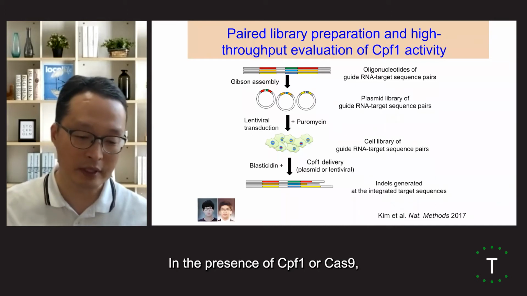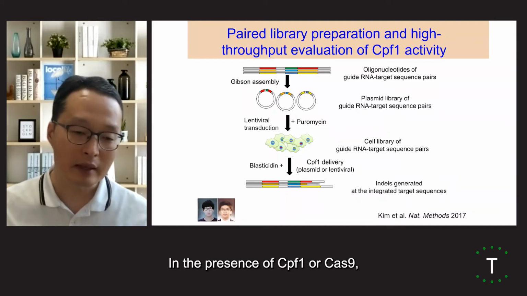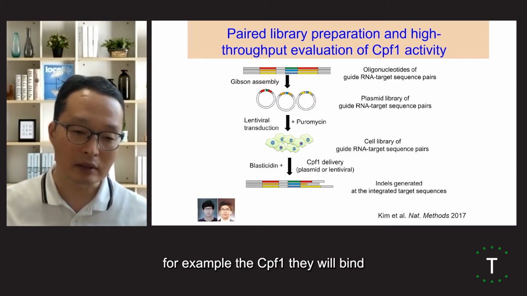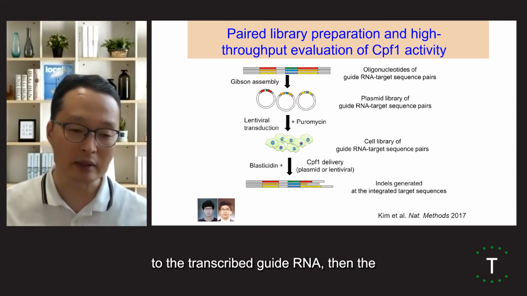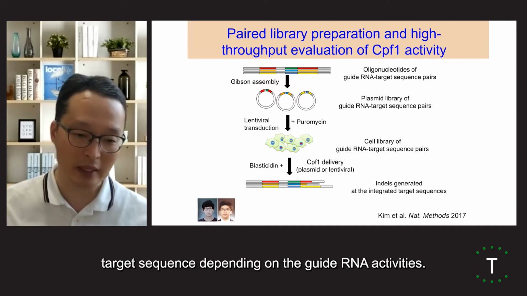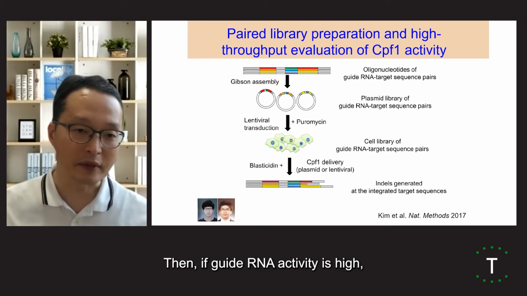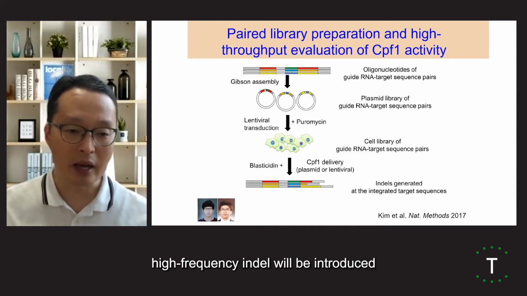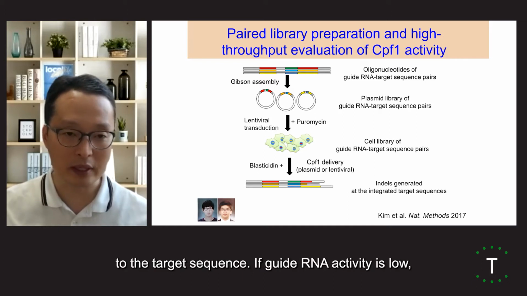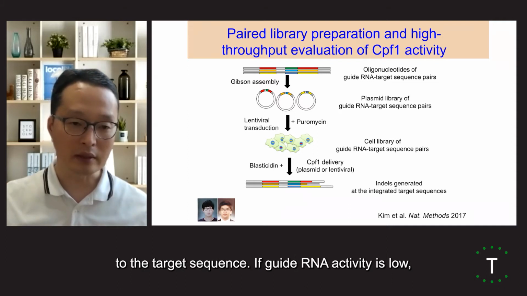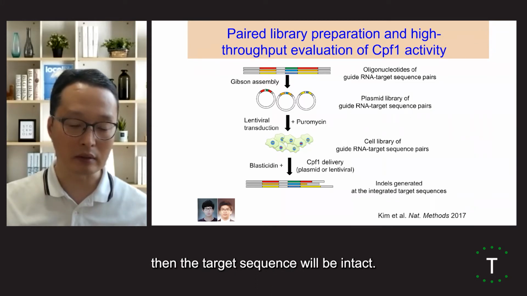In the presence of Cpf1 or Cas9, for example Cpf1, they will bind to the transcribed guide RNA, then cleave the target sequence depending on the guide RNA activities. If the guide RNA activity is high, indels will be introduced in the target sequence. If the guide RNA activity is low, then the target sequence will be intact.